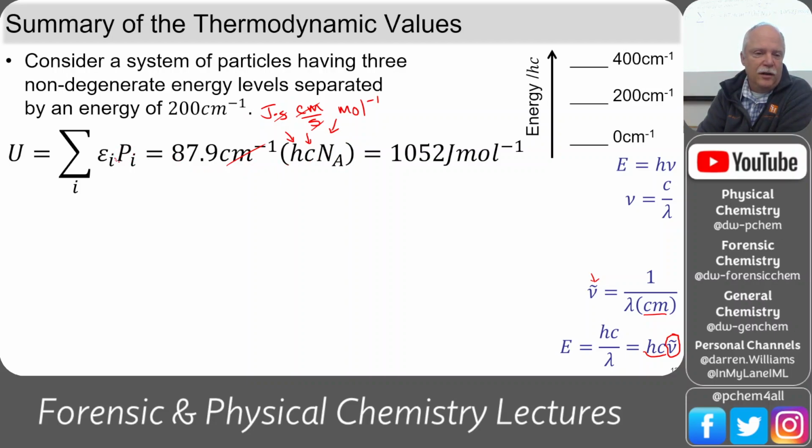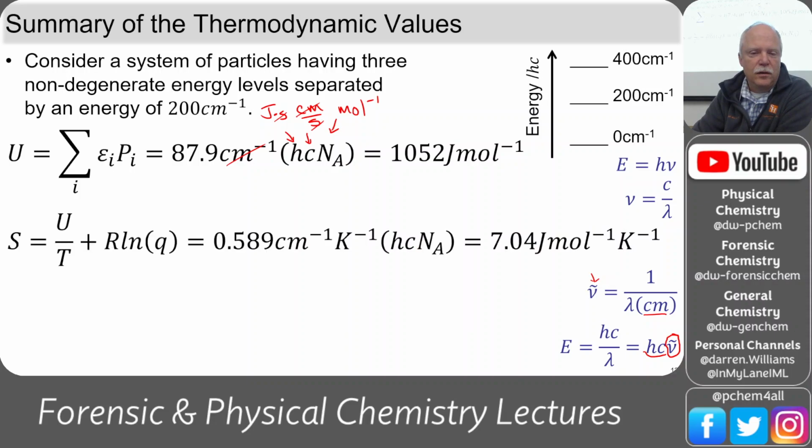Okay, so we have this 87.9 wave numbers. Multiplied by all of these things, we get 1,052 joules per mole. And then the entropy, 0.589 wave numbers per Kelvin times those three, we get 7.04 joules per mole Kelvin.